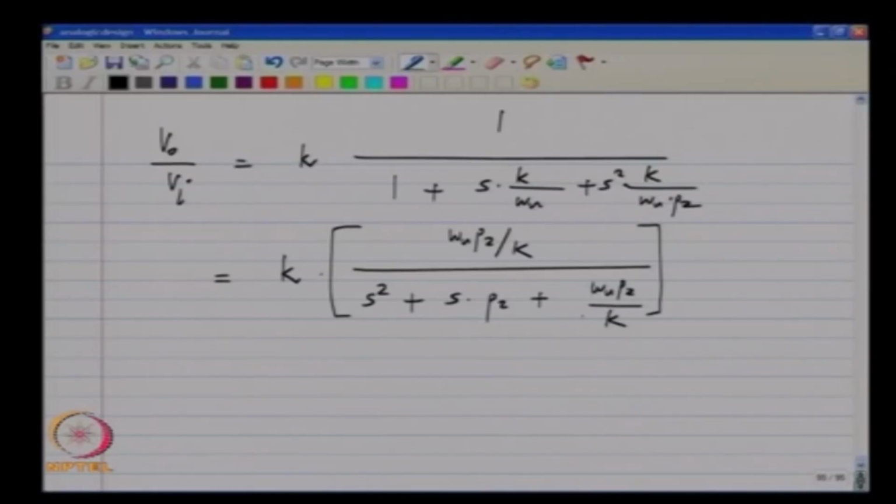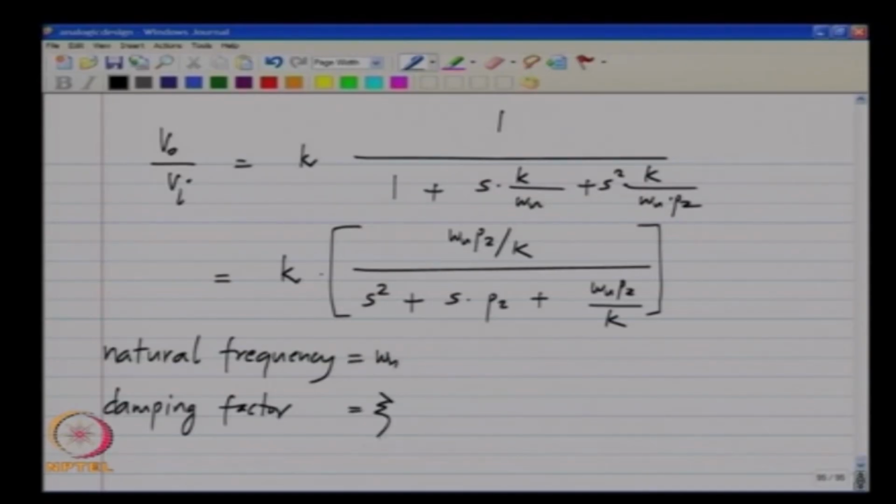Now, the second order system is characterized by its natural frequency and the damping factor. The natural frequency is usually denoted by omega n and the damping factor is zeta, and for these values the denominator should be s square plus 2 zeta omega n times s plus omega n square.